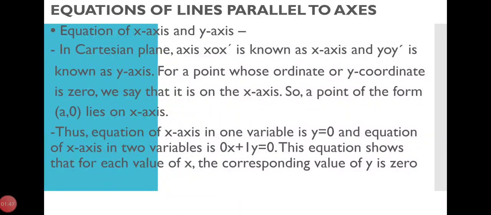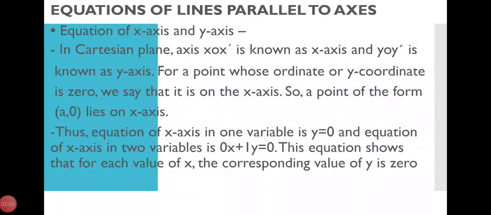Thus, the equation of the x-axis in one variable is y equal to 0, and the equation of the x-axis in two variables is 0x plus 1y equal to 0. This equation shows that for each value of x, the corresponding value of y is 0.